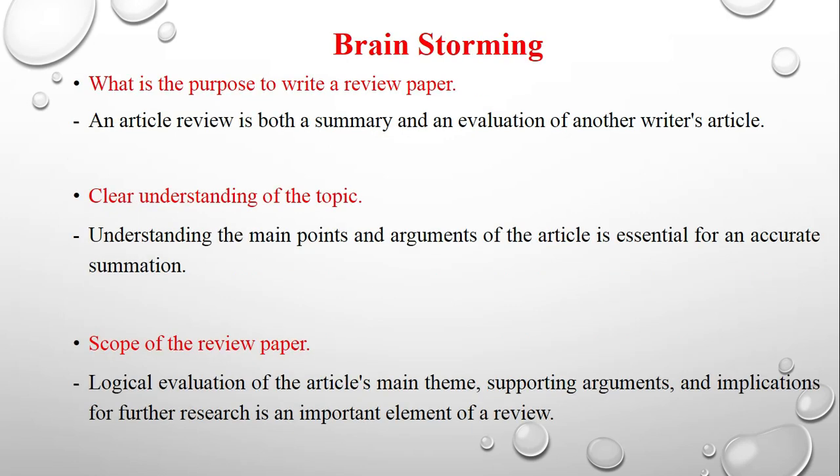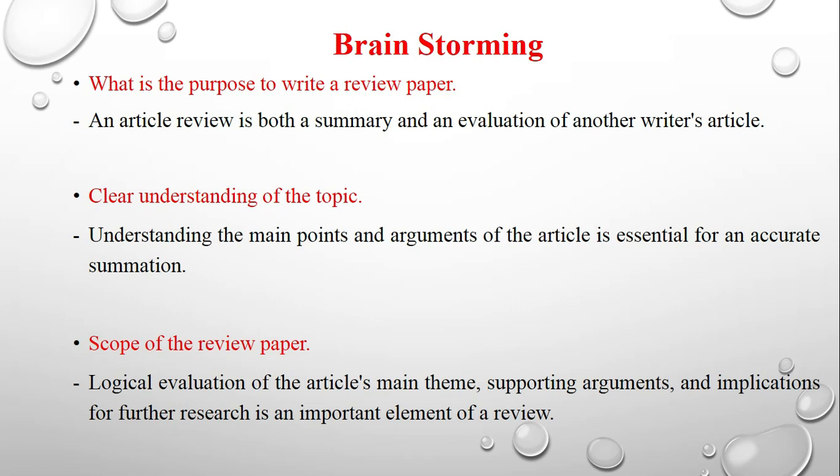Before writing a review paper, you must do brainstorming. What is the purpose of writing a review paper? An article review paper is both a summary and an evaluation of another writer's article, and you must have a clear understanding of the topic. Understanding the main points and arguments of the article is essential for an accurate summation.